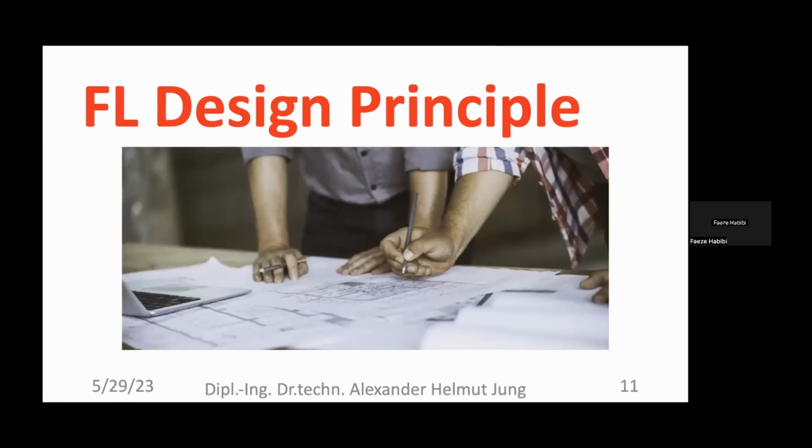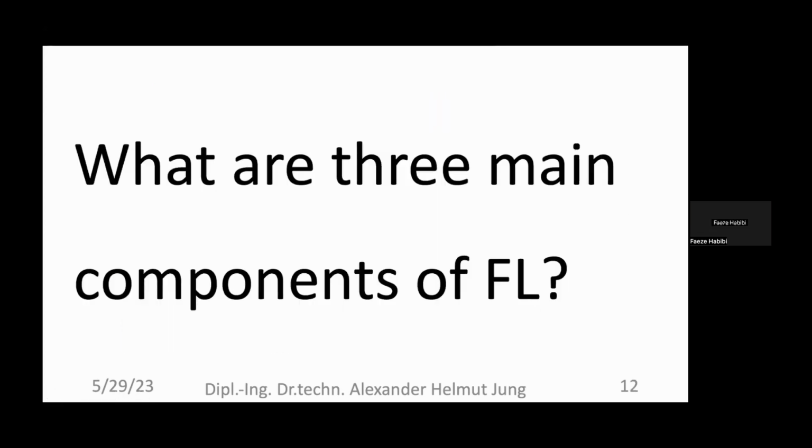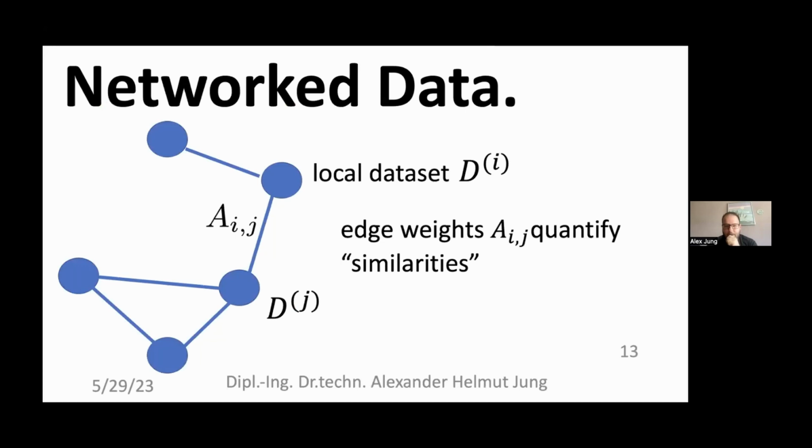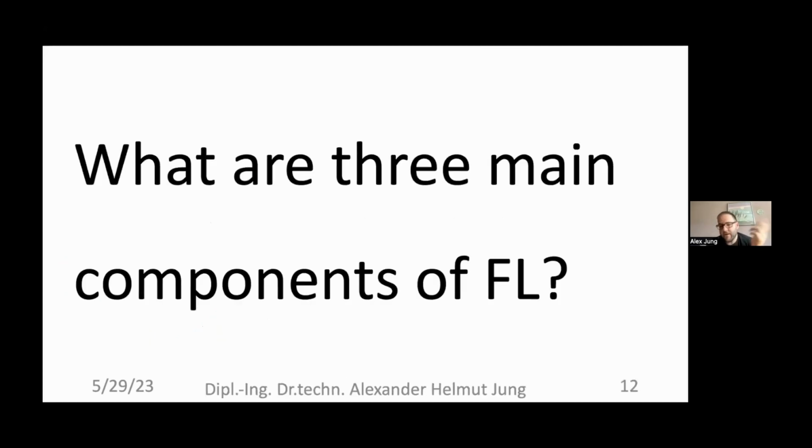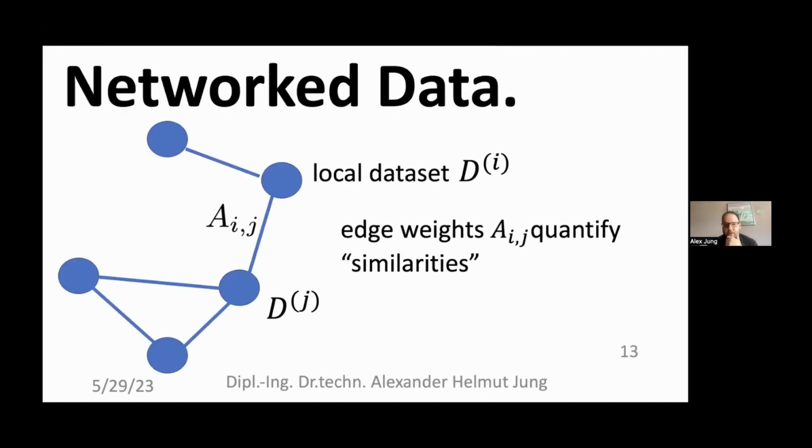Okay, so this federated learning design principle that I was talking about is, of course, based on the three main components of machine learning and federated learning. So first, we need data. In federated learning, we typically face network data. So there's not one data set, but a collection of data sets. And this collection of data sets often has a more or less obvious network structure, like a local data set being the data collected by a smartphone.